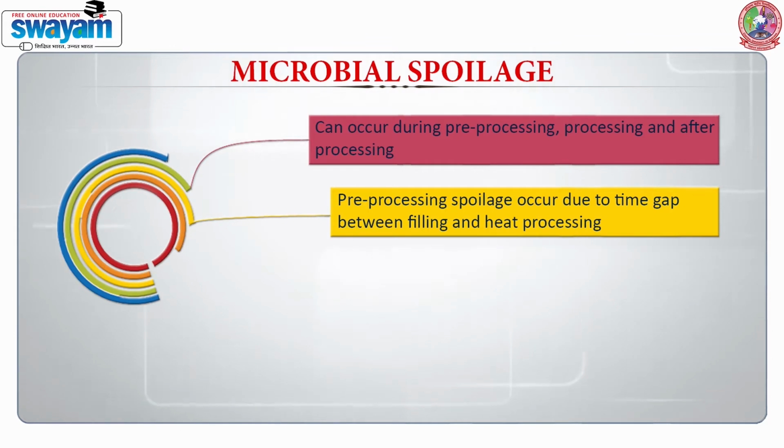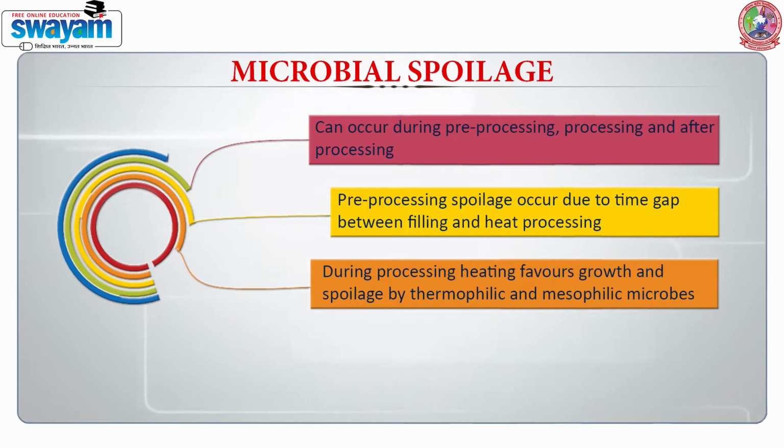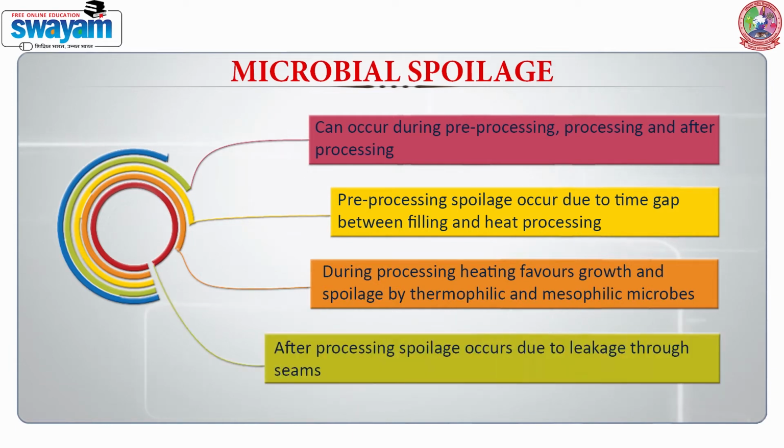Pre-processing spoilage occurs due to a time gap between filling and heating process. During processing, heating favors the growth of spoilage by thermophilic and mesophilic groups of microorganisms. After processing, spoilage occurs due to leakage through the seams.